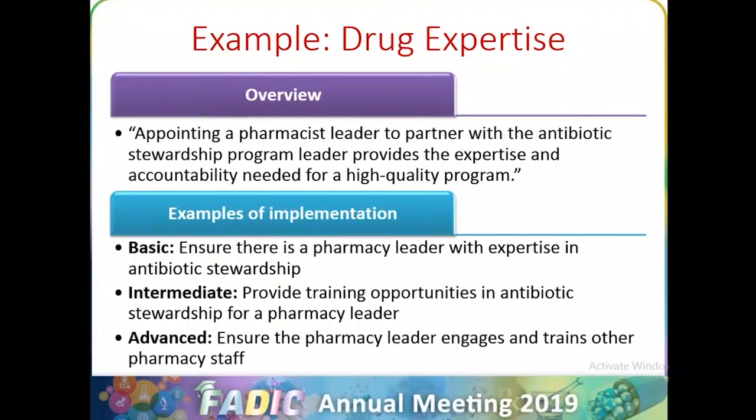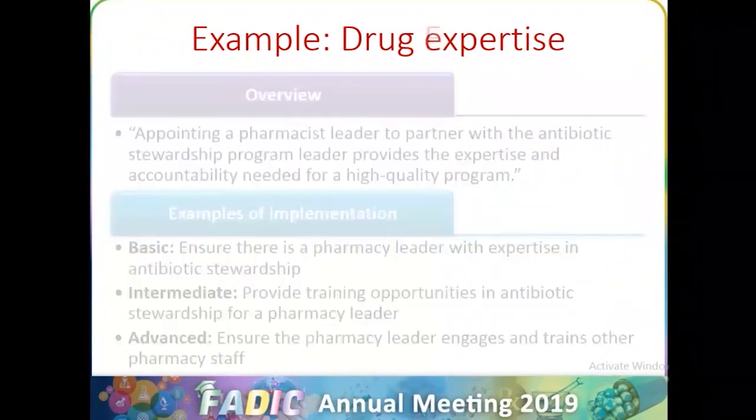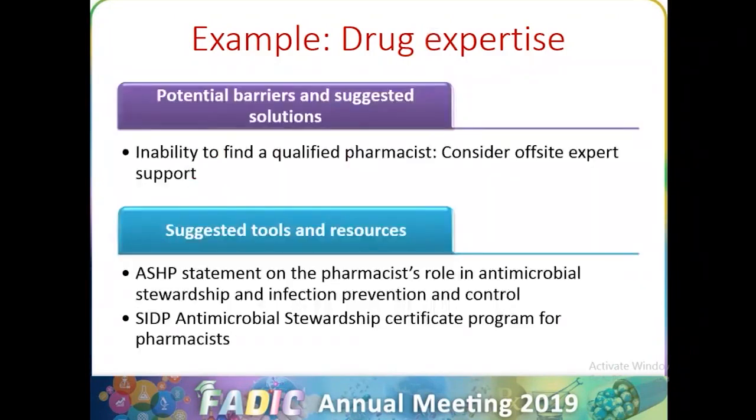Now, the next part was potential barriers and suggested solutions. One of the biggest barriers on appointing a pharmacy leader is the inability to find a qualified pharmacist. And this is actually true, especially for smaller hospitals where they may not have clinical pharmacists or even infectious diseases pharmacists. So such hospitals may want to consider off-site expert support.